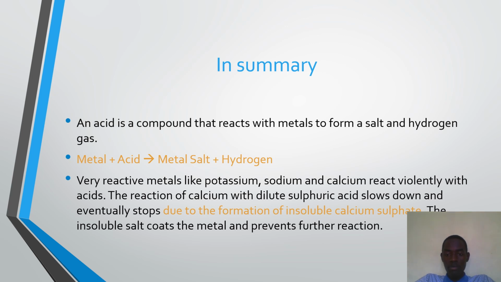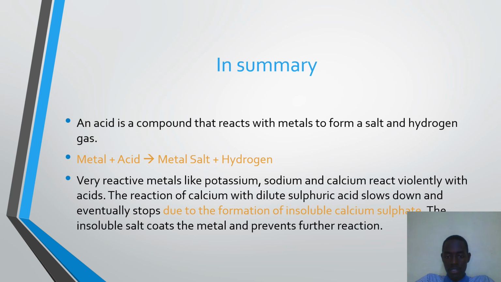Now when this carbon dioxide is bubbled through a calcium hydroxide solution, which we call lime water, a white precipitate will be formed, and that is what we will be testing in the lab.